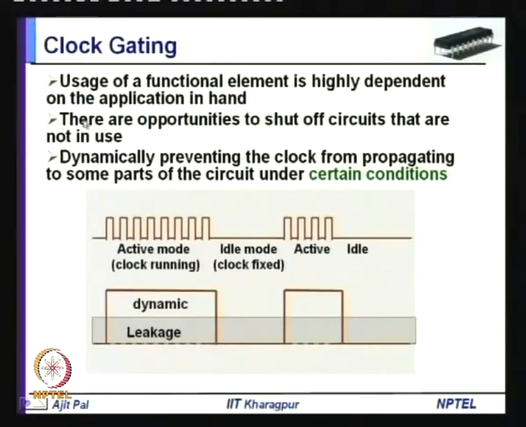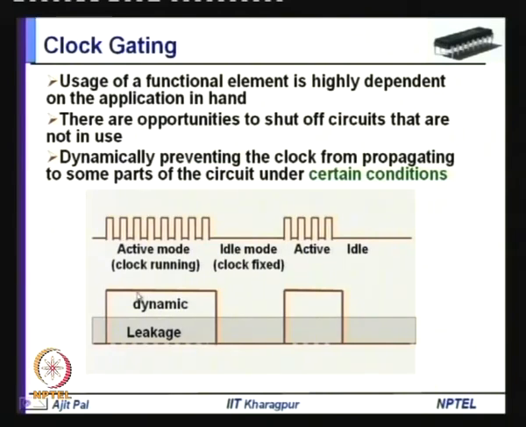The same function can be used differently by different applications, so it cannot be decided independent of the application. You have to take into consideration the application in hand, which will decide which function is required and when. So, there are opportunities to shut off circuits that are not in use. Dynamically preventing the clock from propagating to some parts of the circuit under certain conditions is essentially clock gating.